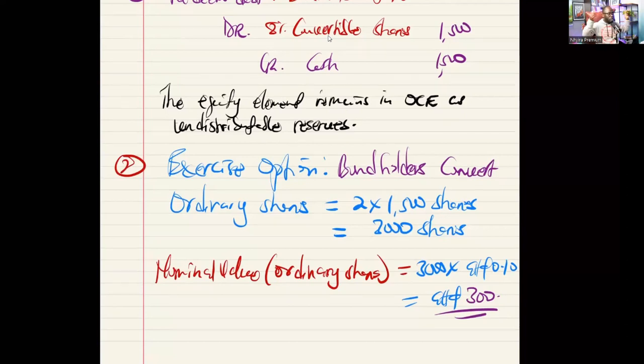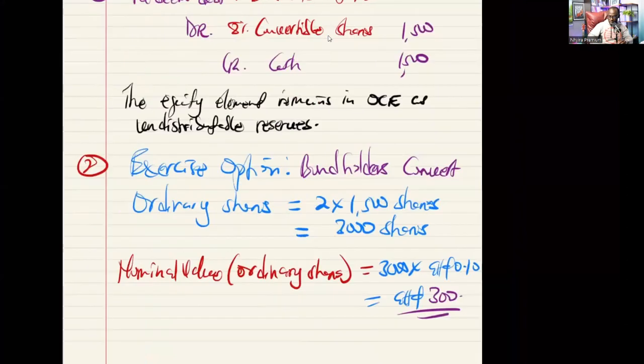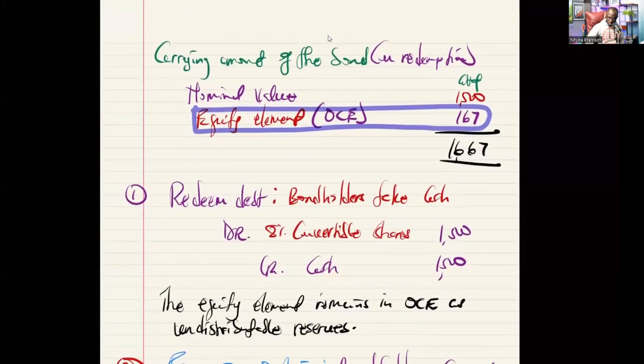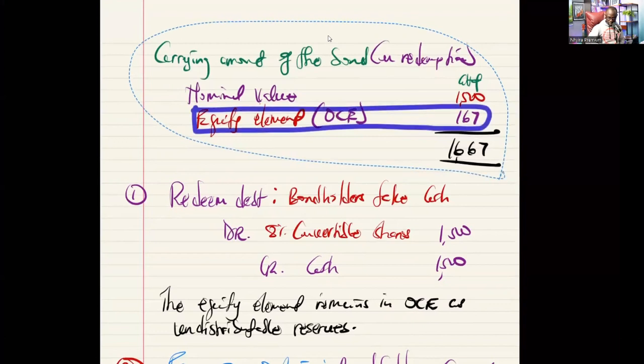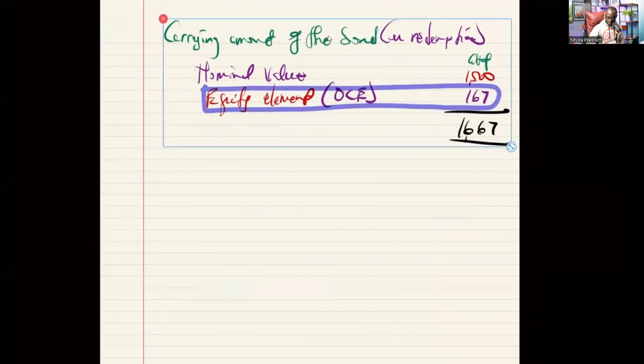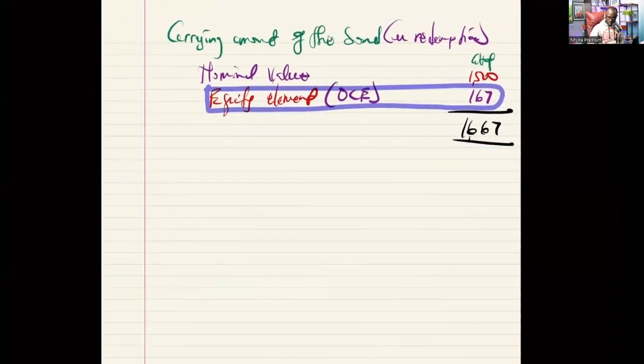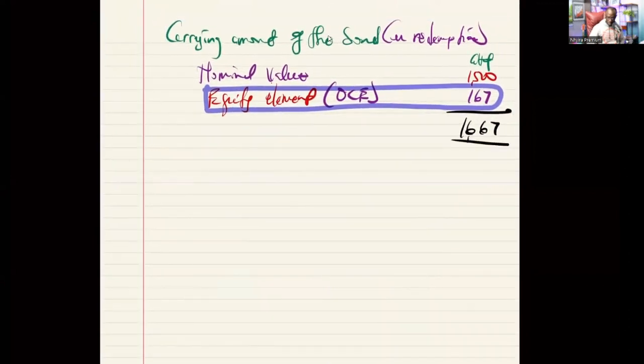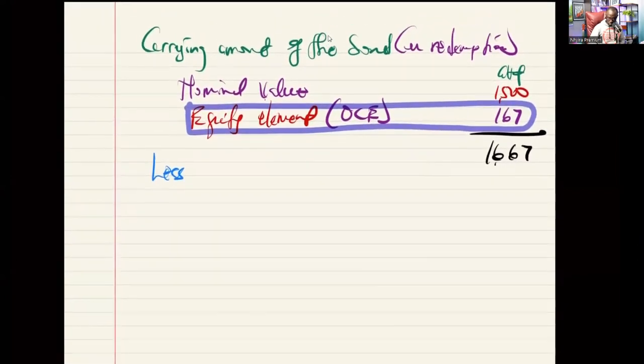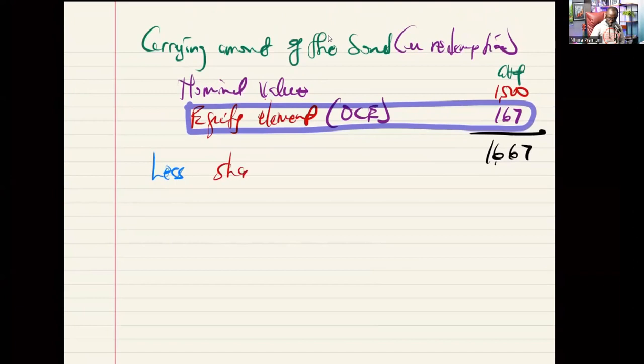So what happens here? Remember, our amount outstanding is still this figure. So let me duplicate it and take it to the next slide. So this 1,667, we less the share capital, which is going to be the nominal value, the 300.